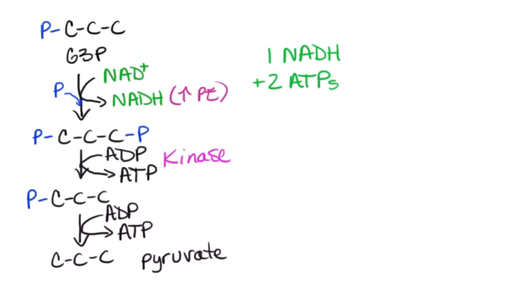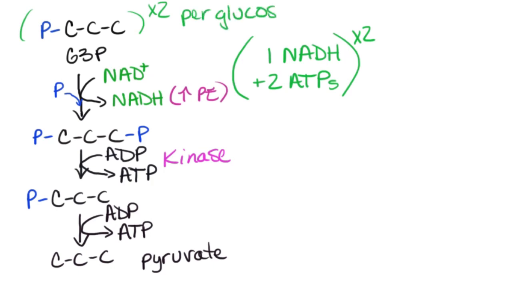I will remind you that this was for 1 G3P, but remember that we had 2 of these up here because that was per glucose that we started with. So if we wanted to talk about where we're at energy-wise, we would have to take these numbers here and multiply them by 2. So we're going to have 2 NADHs and 4 ATPs that we just made.